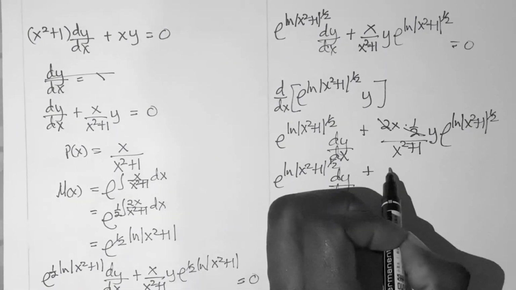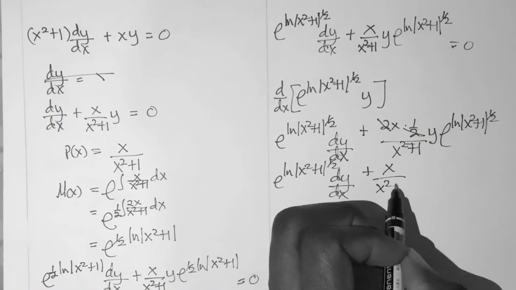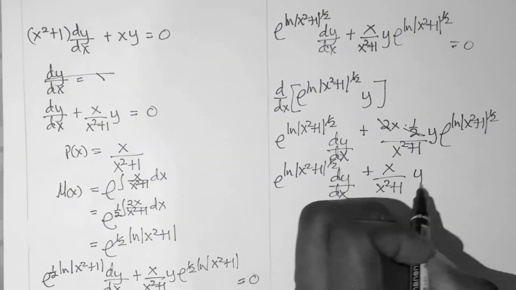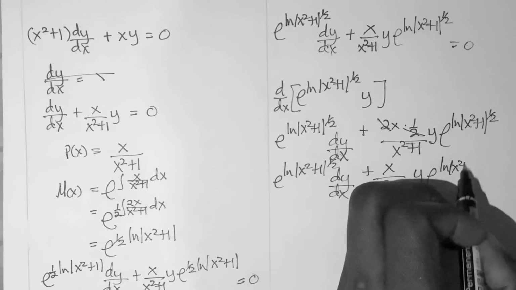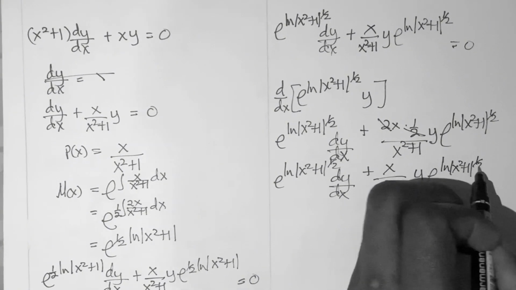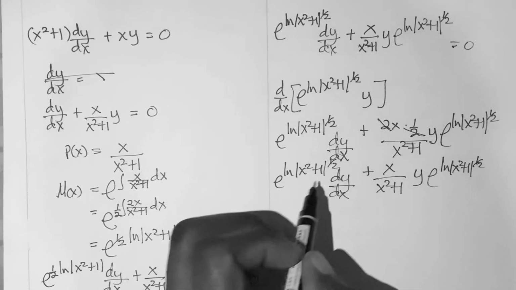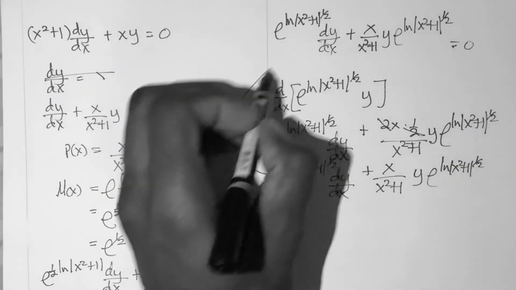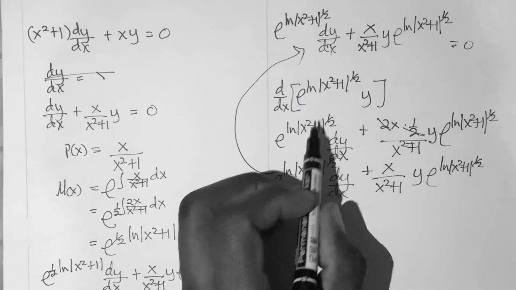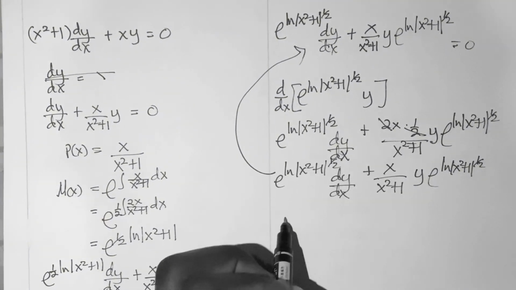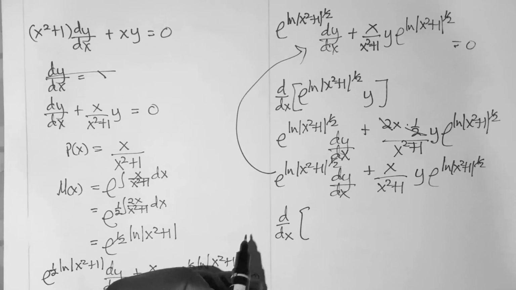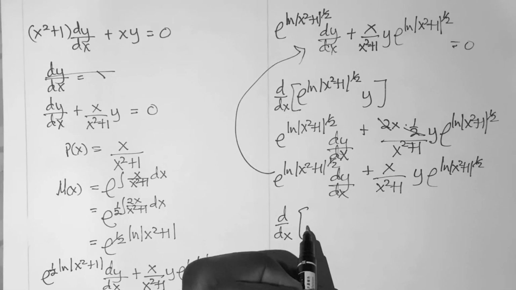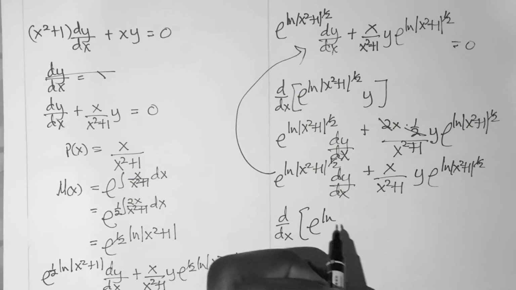So plus x over x squared plus 1 y, exponent natural log of the absolute value of x squared plus 1, exponent half. So you see that all of this is what we got. And therefore, we can replace all of this by d dx of exponent natural log of.